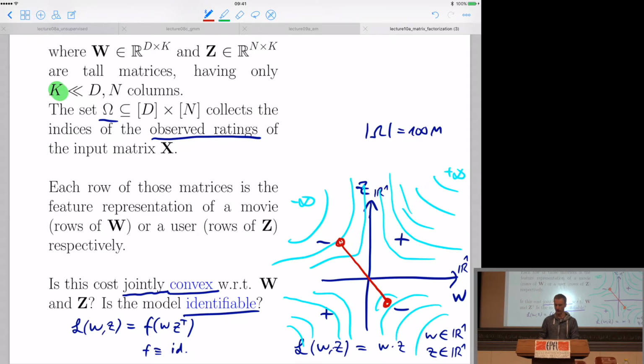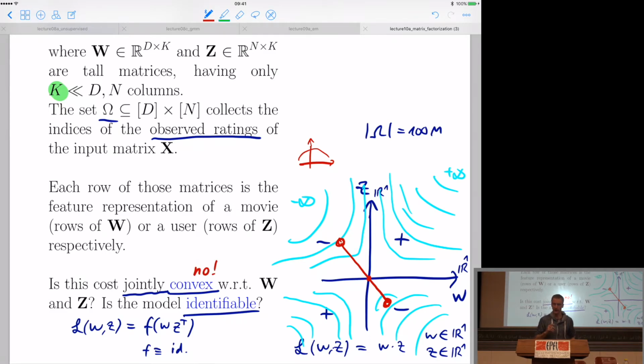Here it's also minus something. But in the midpoint of this line, somewhere in the middle, the function is 0. So what it actually looks like on this line is something like this. So the function is not convex. It's violating this condition. So the answer is no.